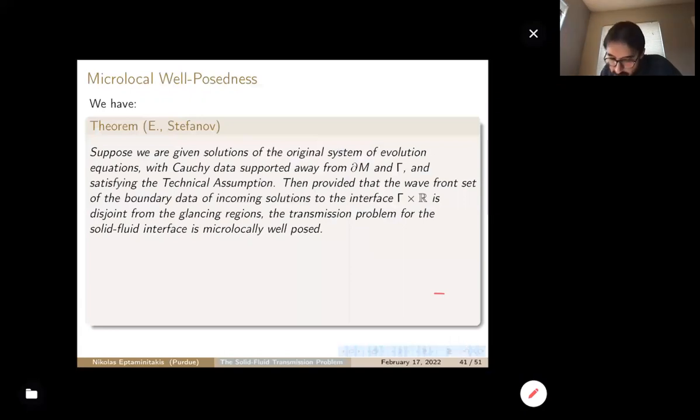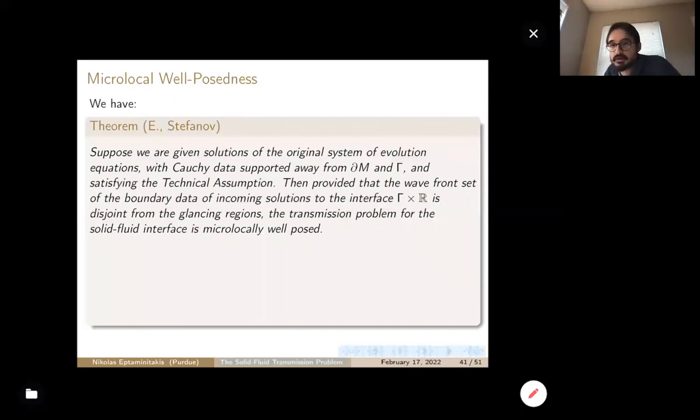Okay, so finally, the theorem, which basically summarizes the logic that I tried to outline, is that if we have solutions of the original system, which, as we said, have to satisfy certain Cauchy data that are supported away from the hypersurfaces, and we also assume that the wavefront set of boundary data of any solutions is disjoint from all glancing regions, then the transmission problem is microlocally well posed.